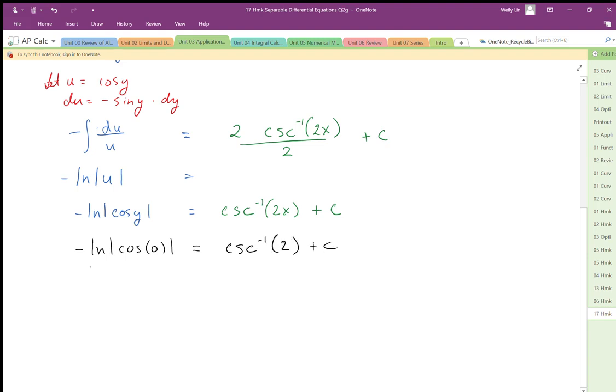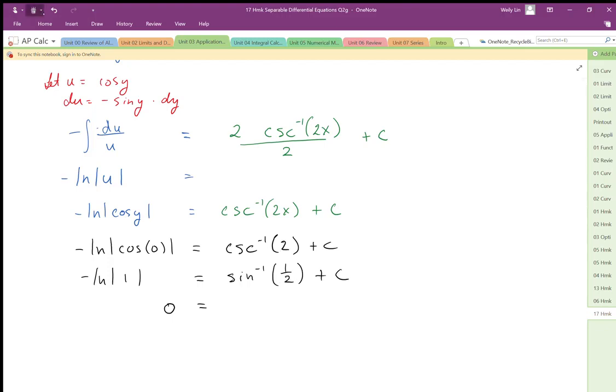Cosine of 0 is 1, log of 1 is 0, so the left hand side becomes 0. The right hand side, I'm going to change this to arc sine of 1/2. If I want the arc cosecant of 2, I want the arc sine of 1/2.